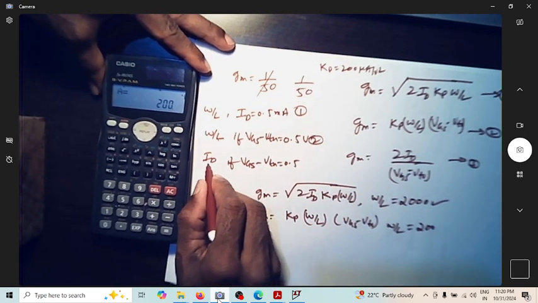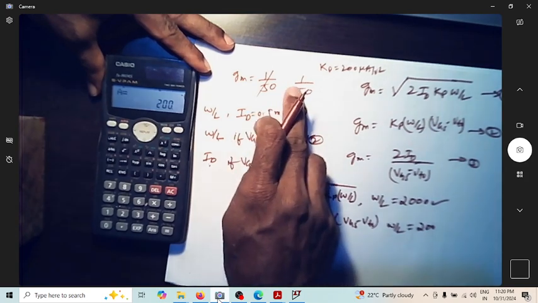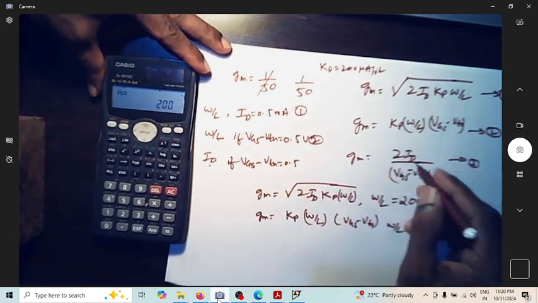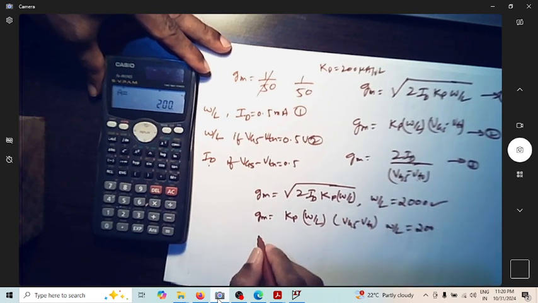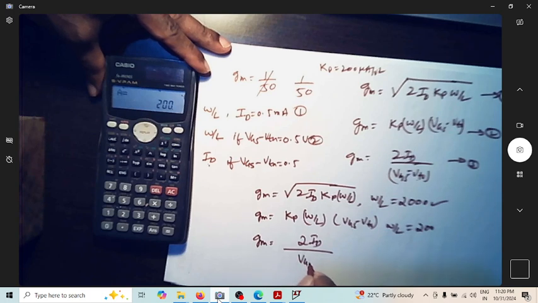Next is you are asked to find ID with a GM of 1 over 50. So this is the only unknown. I know GM, I know VGS minus VTH. So now GM is equal to 2 into ID by VGS minus VTO.